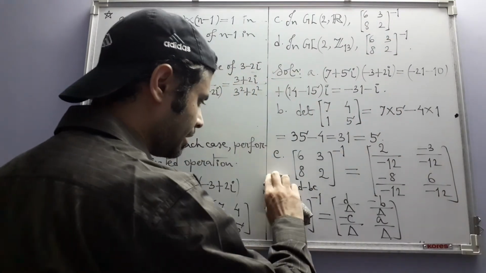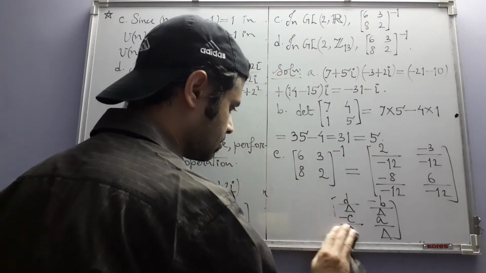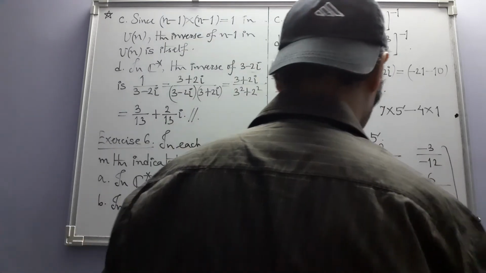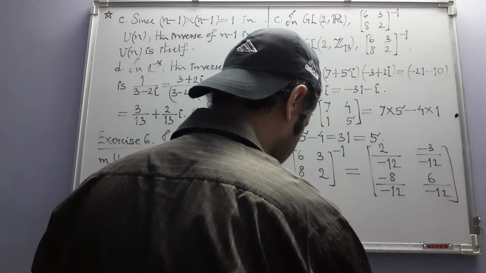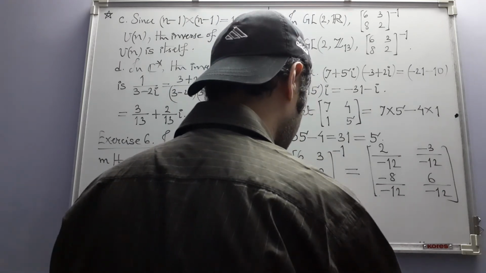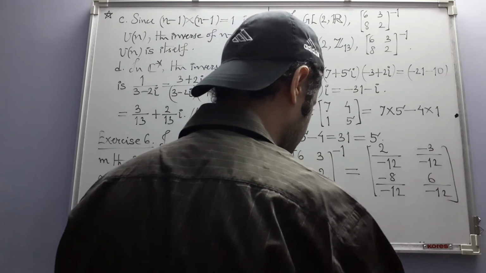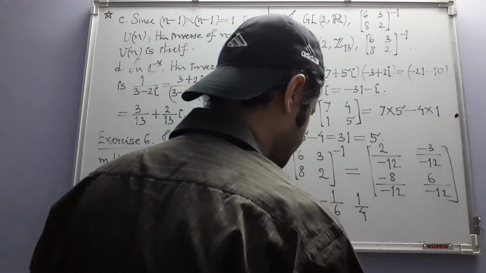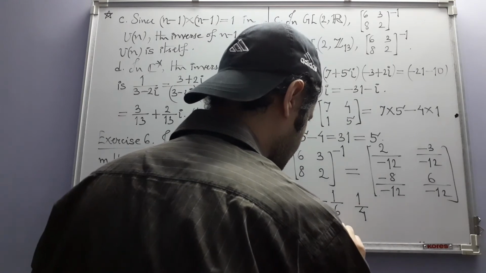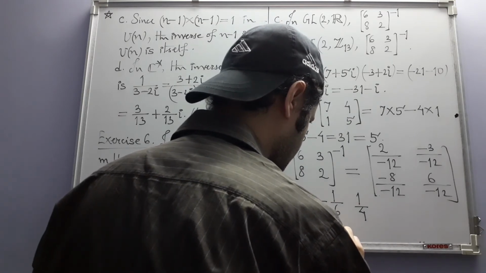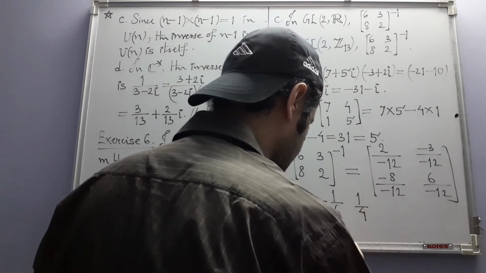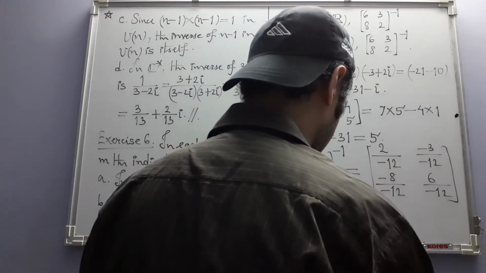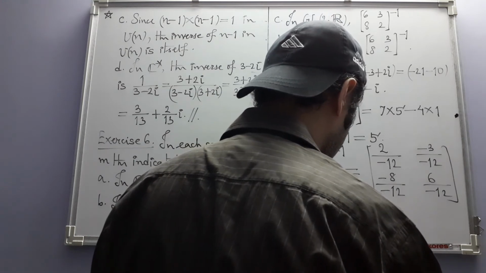And now we can simplify this. So this becomes minus 1 over 6, 1 over 4, so both of them are divisible by 4, so 2 over 3 and minus 1 over 2.